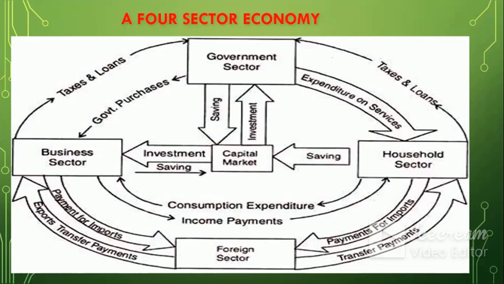Furthermore, imports, exports, and transfer payment have been shown to arise from the three domestic sectors: the household, the business, and the government. These outflows and inflows go through the foreign sector, which is called the balance of payment sector.